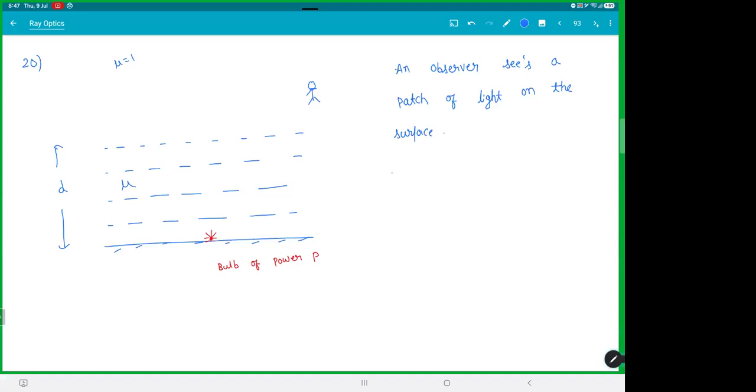Now you need to ask yourself, why is this guy seeing only a patch of light? Why is that whole surface not illuminated? That is something you need to figure out. Find the area of that light patch.